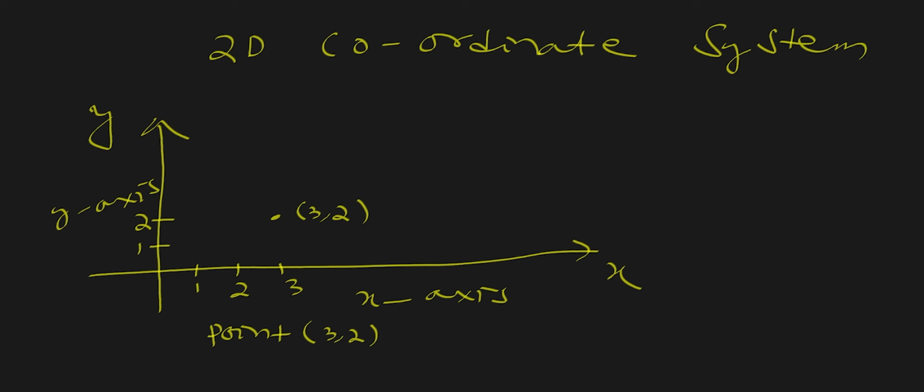Now let's step it up a notch and enter the third dimension. This is where the z-axis comes into play. The z-axis is perpendicular to both the x and y-axis, usually represented as pointing off or toward you.